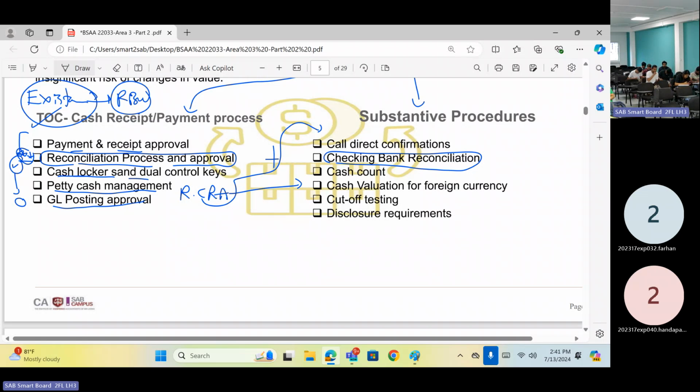I have sent that to the group, so go through it and identify the unusual areas. As an auditor, how can you critically evaluate that reconciliation? Identify any unusual areas.